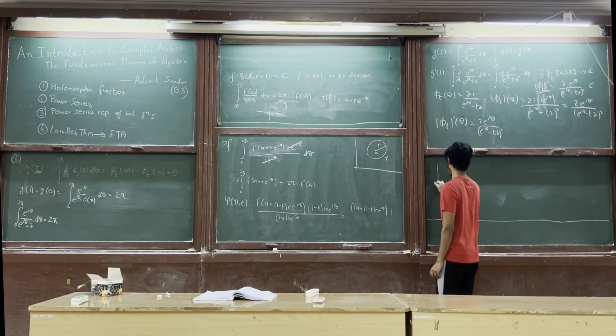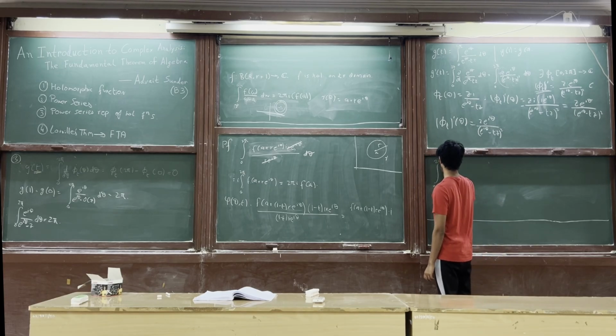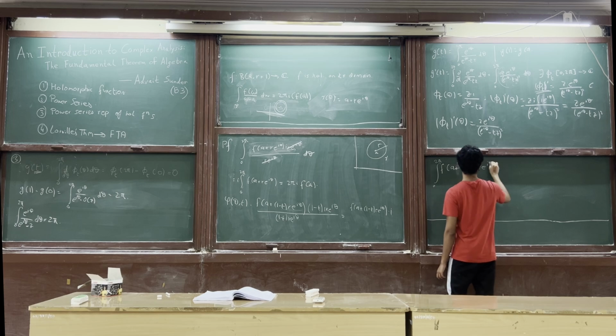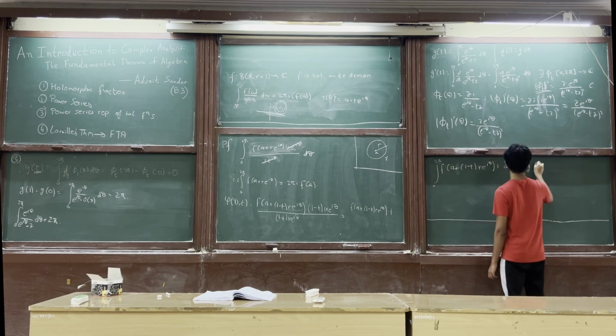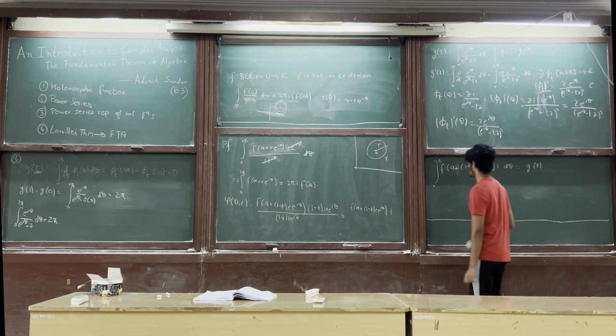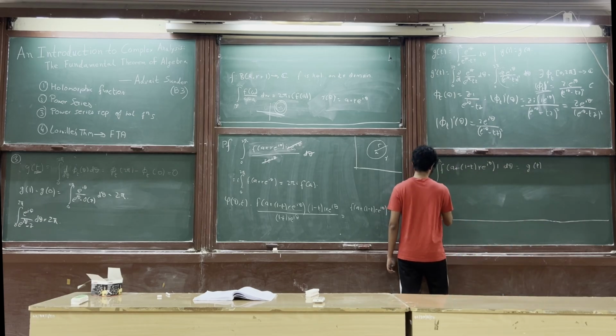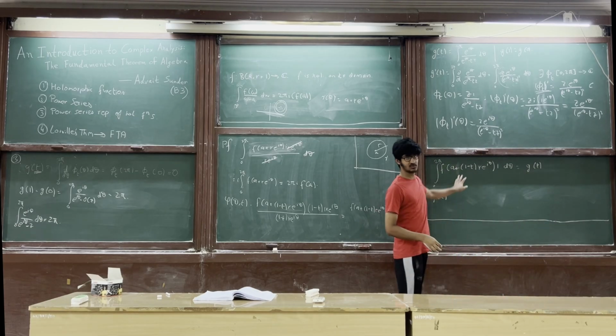So we integrate 0 to 2 pi f of a plus 1 minus t r e power I theta and I d theta, and we call this g of t. We find what is g prime t. So yeah, this argument will be used a lot.